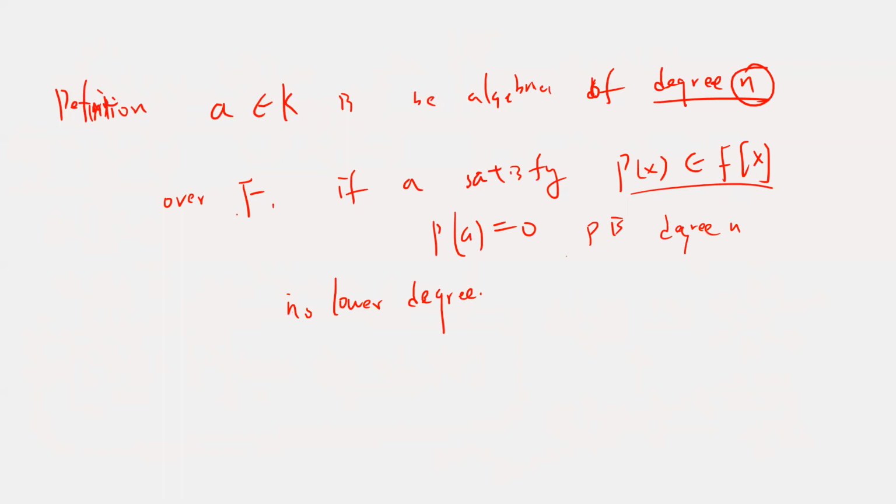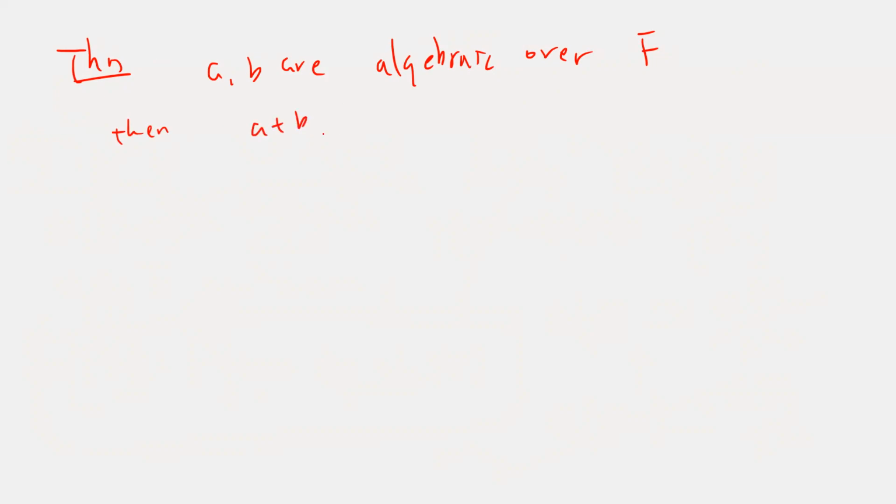Yeah, and then we prove the result that basically tells you the degree of F(A) over F. Okay, so theorem: if A and B are algebraic over F, then A plus B, A times B, A divided by B if B is non-zero, and A minus B are algebraic.